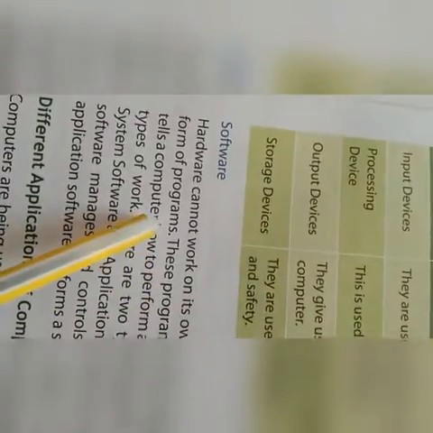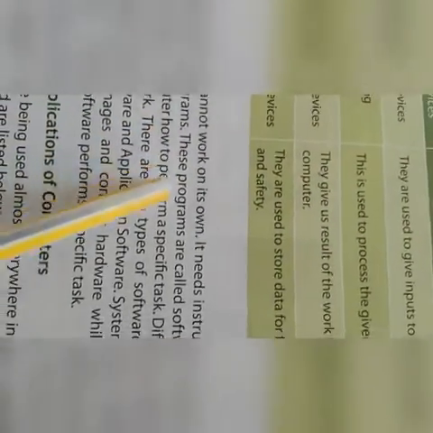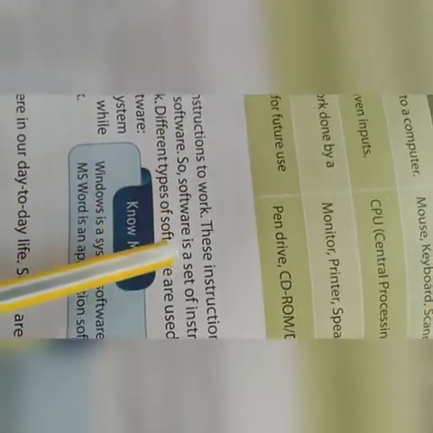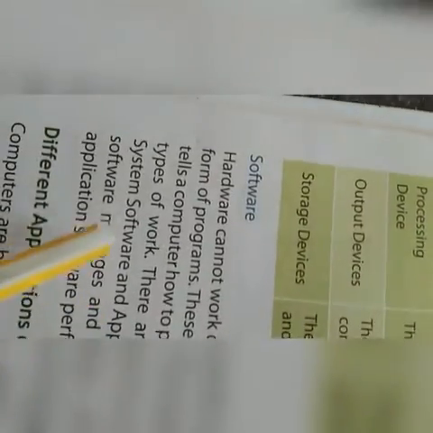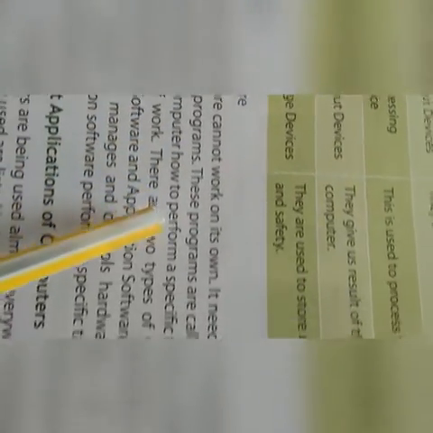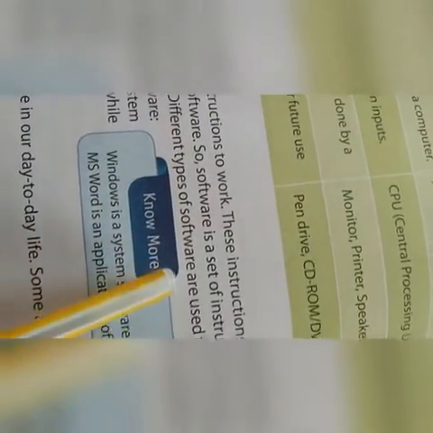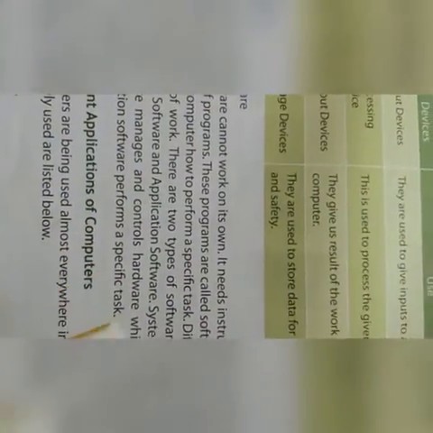These instructions are in the form of programs, and these programs are called software. So software is a set of instructions that tells a computer how to perform a specific task.